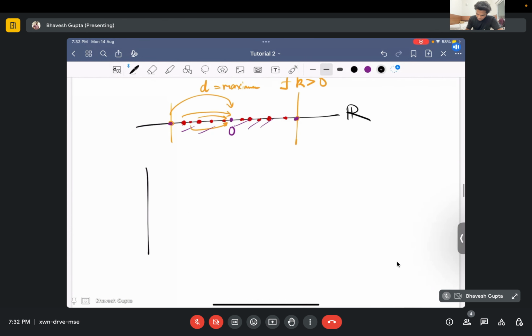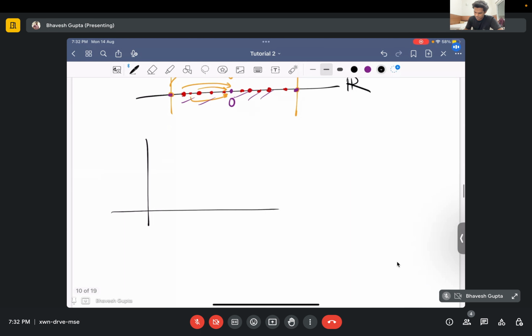Let's say I have a situation like this. Okay, this is your function e to the power minus, sorry, plus x. We can see that this function is bounded from below, right?